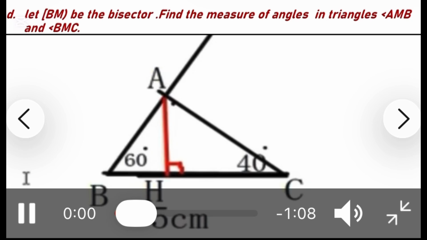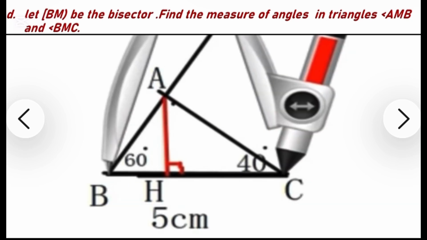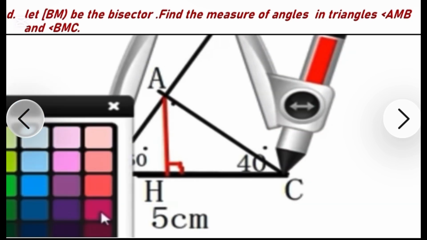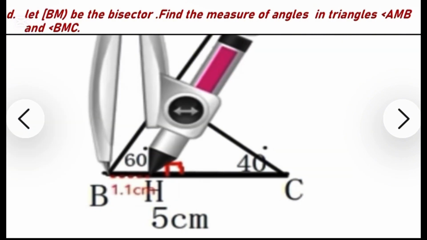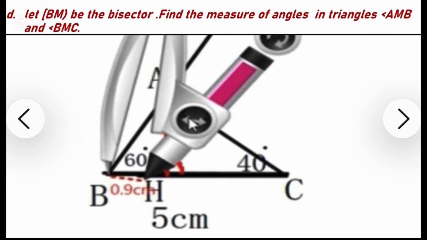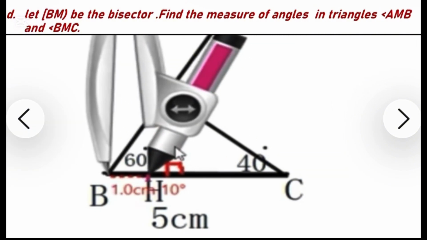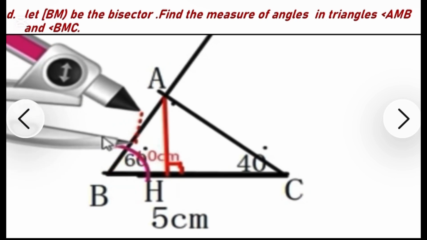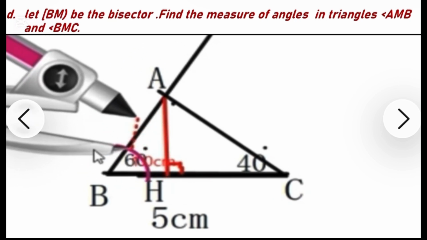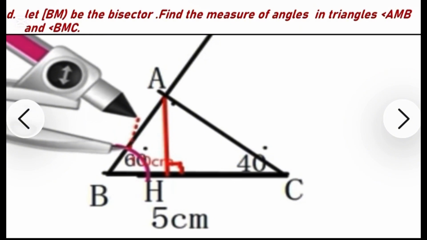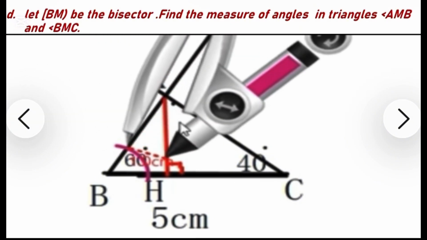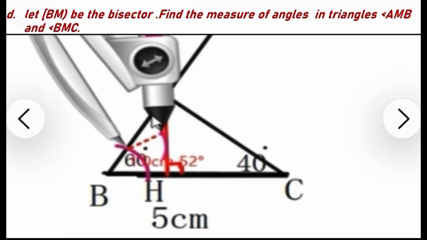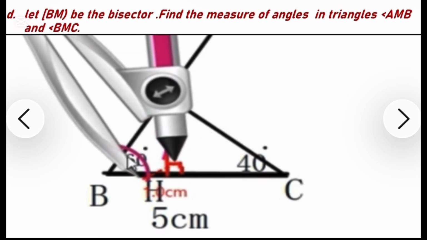So in order to draw the bisector of B, we put the compass on B. Then we draw an arc that cuts the two adjacent sides of B. From the points of intersection, we draw the first arc.